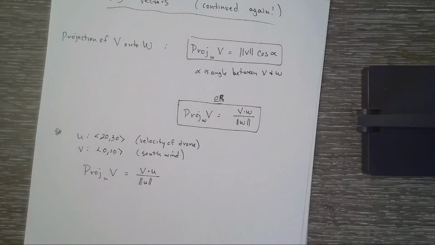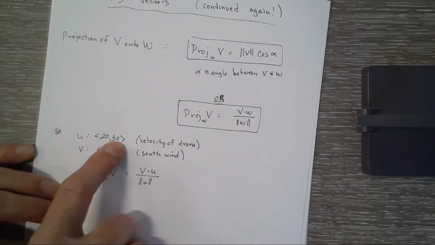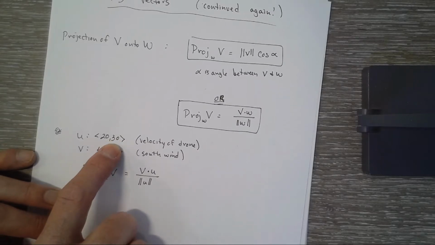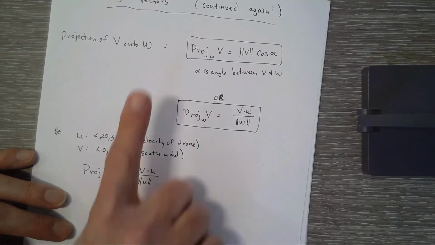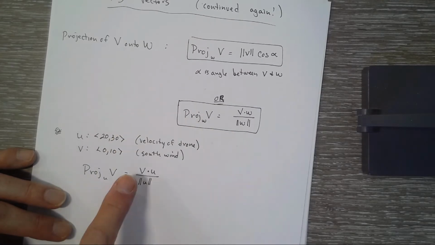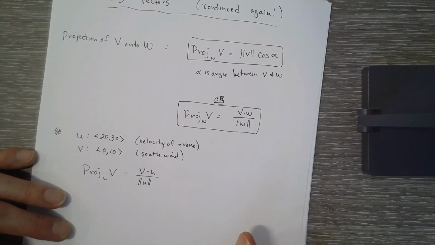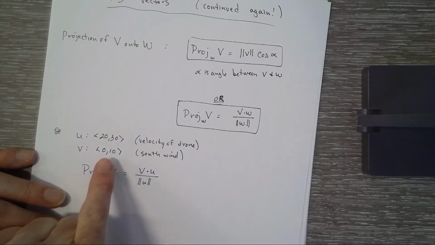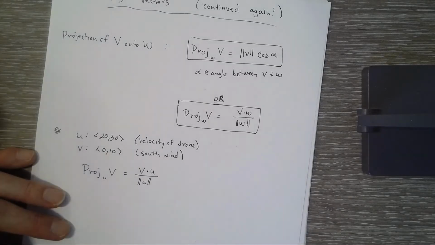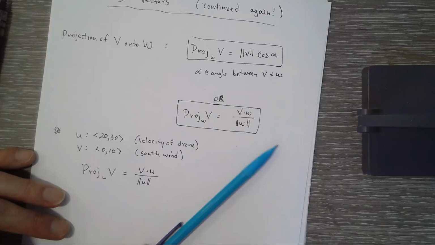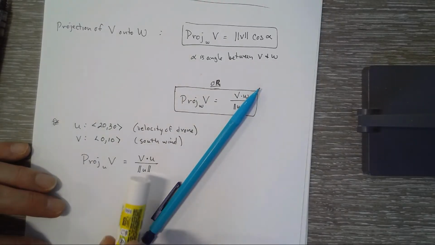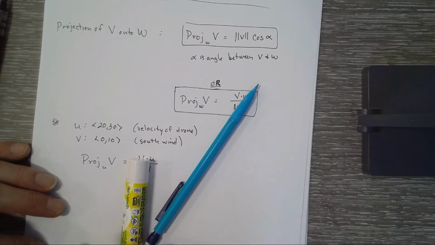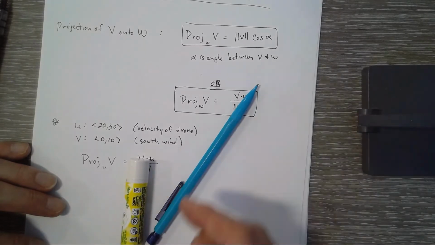All right, so let's say I've got a drone. Its flying velocity is 20, 30, and a south wind is just going straight north, so that's 0, 10. So we can find the projection. Well, 20, 30 is kind of like this, and then a south wind is going straight north, so it is going to project some.